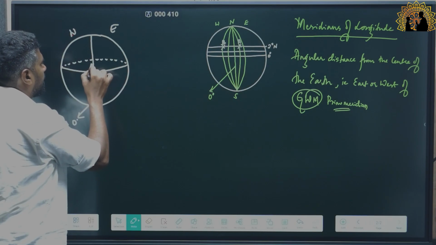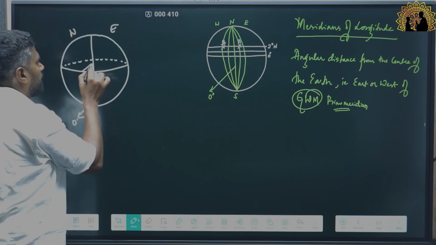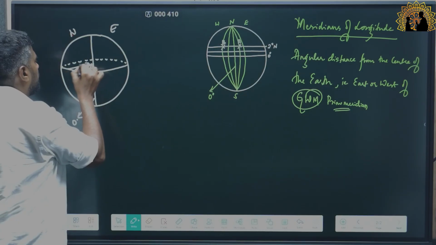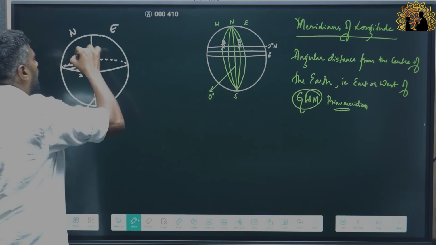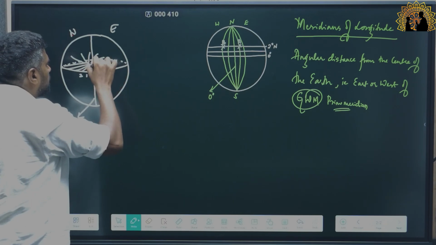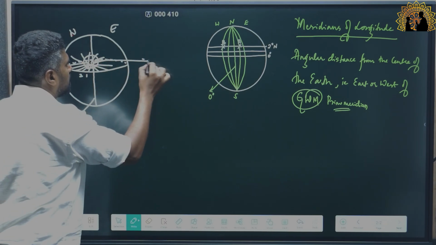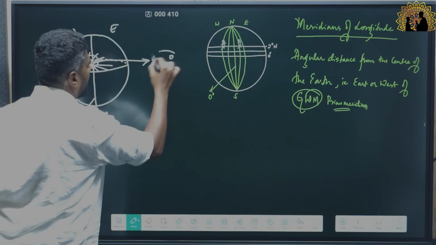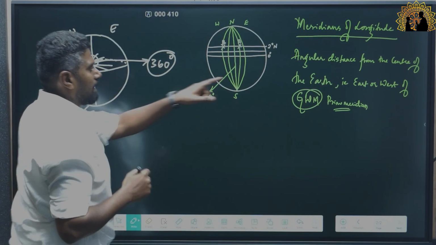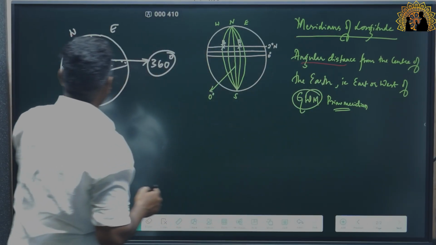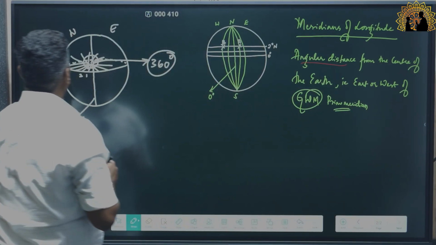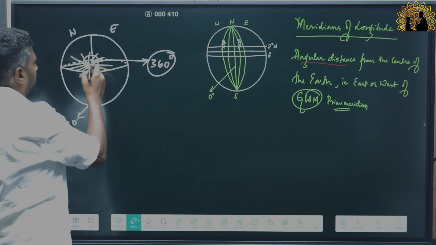So 1 degree, are you understanding? Like this 2 degree, this is 1, 2, 3, 4, 5, like this it goes. Up to how many degrees can I cover? In total I can make it 360 degrees. Correct? If I have to make one complete circle, it is 360 degrees. That is what I mean by angular distance from the center of the earth, either east or west of the Greenwich Meridian.